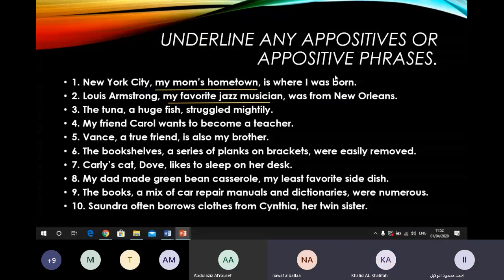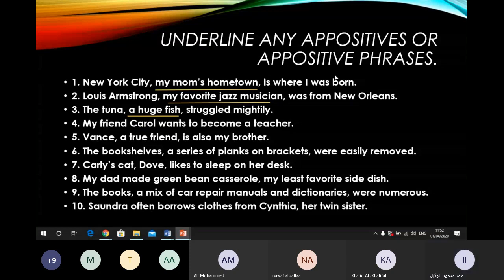A huge fish, teacher. So we have here huge fish identifies tuna. Yes, Ali, did you have any question? Number 2, a musician underlined, the whole of my favorite jazz musician. All of it is an appositive phrase.